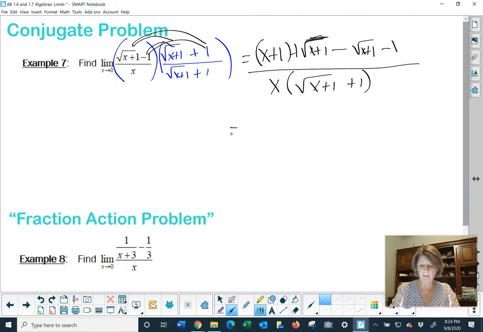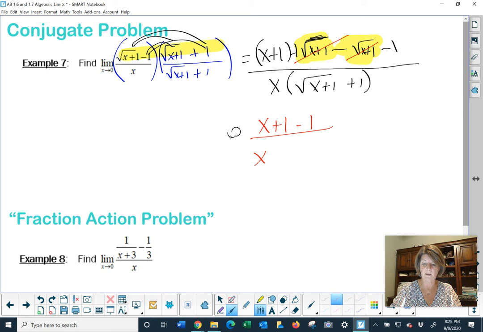The top, we talked about how we generated a difference of square factoring, and look at here, we get a plus and a minus. So those cancel each other away, or they add up to 0 if you want to think of it like that. Then I'm going to be left with an x plus 1 minus 1 on top over x.